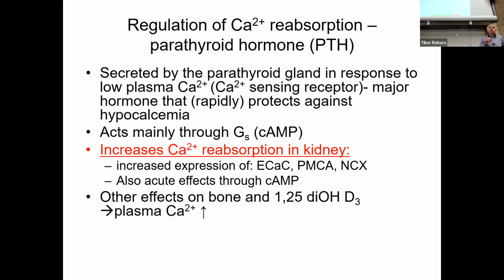Stimulating reabsorption in the kidney is not nearly fast enough to get you out of hypocalcemia. So even though this is a kidney lecture, this one I listed first, in terms of overall physiology, when you become hypocalcemic, the major effect of parathyroid hormone is to release calcium from, it's written up there.